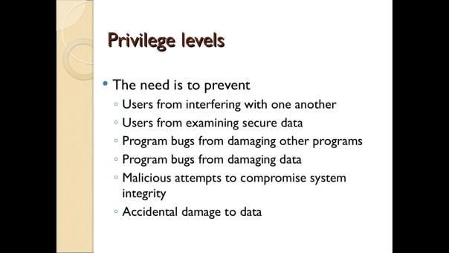Again we can use privilege level to check whether it is permitted to access the content or not. Fourth, we can prevent malicious attempts to compromise system integrity. Some attacks may be made on the data or the system, and those can be prevented from compromising the integrity of the system.